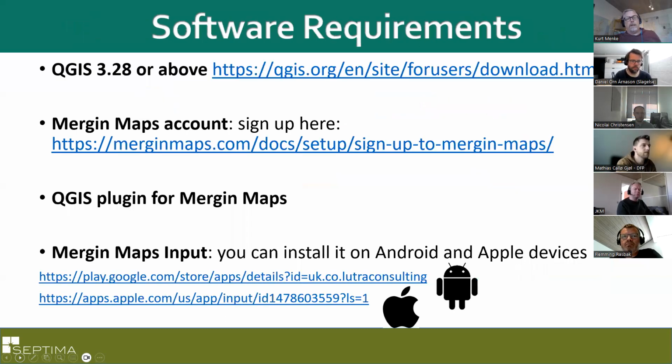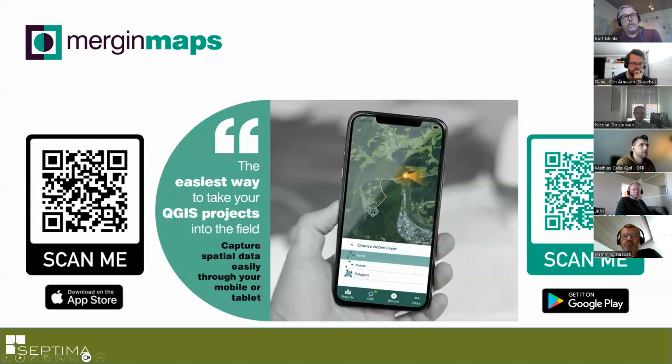And I think everyone is probably okay with the software requirements. I'm going to be using QGIS 3.28 today, the current long-term release. So Mergin maps is the easiest way to take basically your QGIS project out into the field, and then you can edit data, capture data through your mobile device once you're outside.